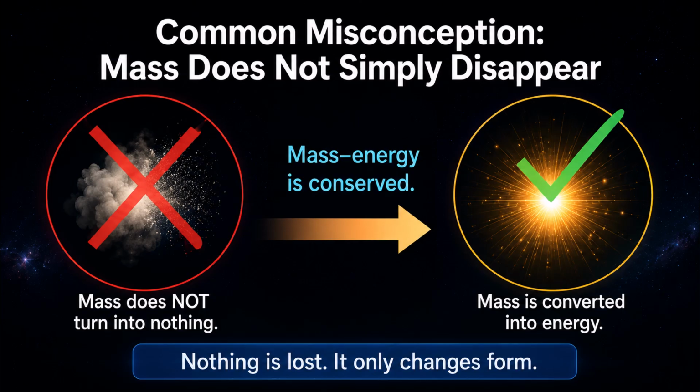In nuclear reactions, the energy may appear as kinetic energy, radiation, or other forms of energy. So the equation does not say that nature allows something to come from nothing. It says that mass and energy can be converted between forms. Mass is not simply lost. It is transformed into energy.